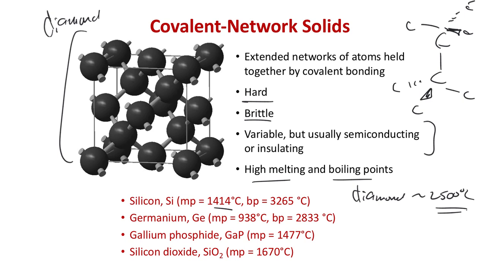Germanium, in its structure, 900 degrees C. Gallium phosphide, 1,400 degrees C. Silicon dioxide and glass, 1,600 degrees C. So we get glass, SiO2, from quartz often. I'll show a slide a little bit later on taking quartz, where you might mine it and how it has a crystal structure to it, and then we end up melting it down, reforming it to make glass, where glass is an amorphous structure, but we'll talk about that in a few slides.